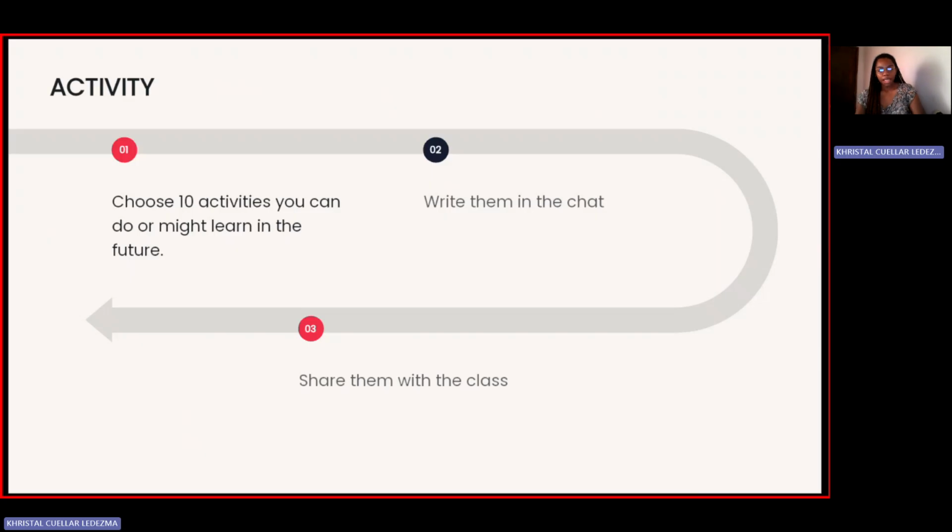For example, I can ride a motorcycle. Thinking about something that they can do and or might. I might go to República Dominicana these vacations. I don't know, it's just an example. I can cook, for example.